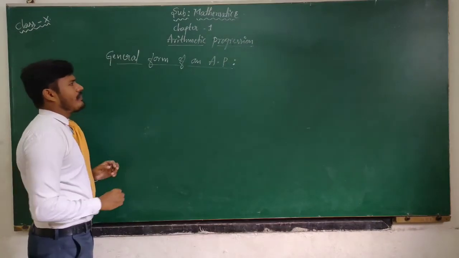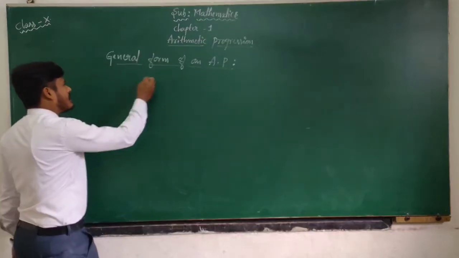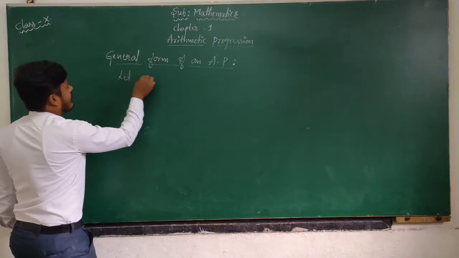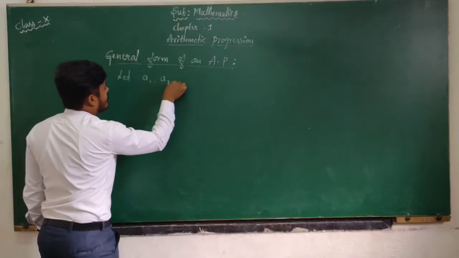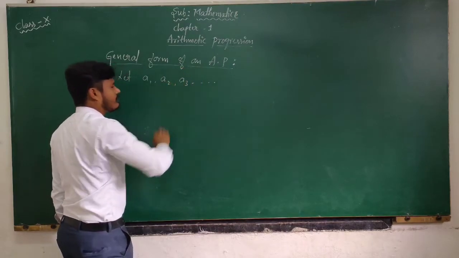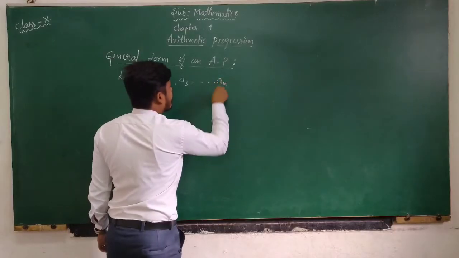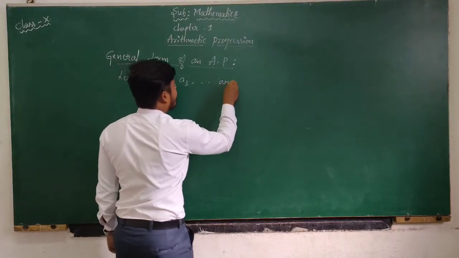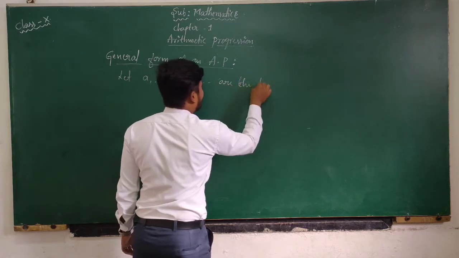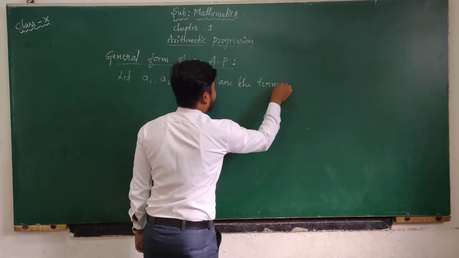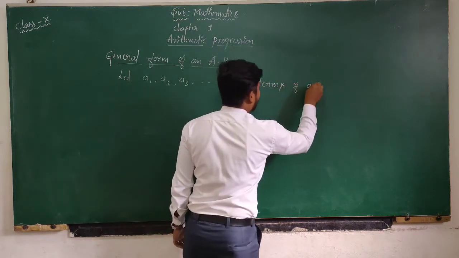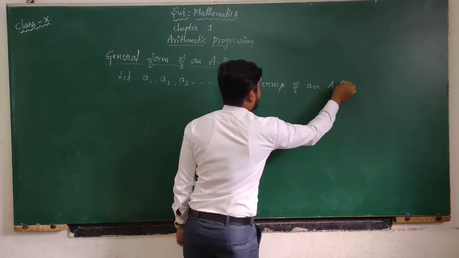So the general form of an AP means, suppose you consider A1, A2, A3 and so on are the terms of an arithmetic progression.